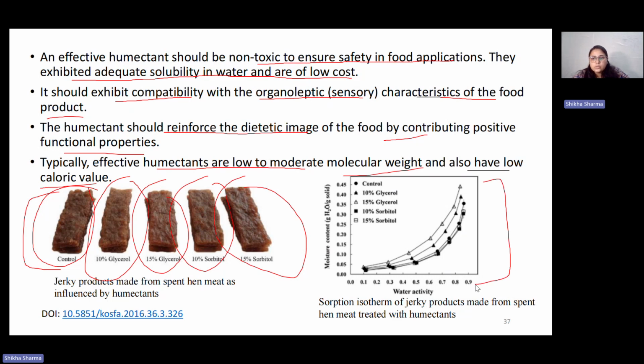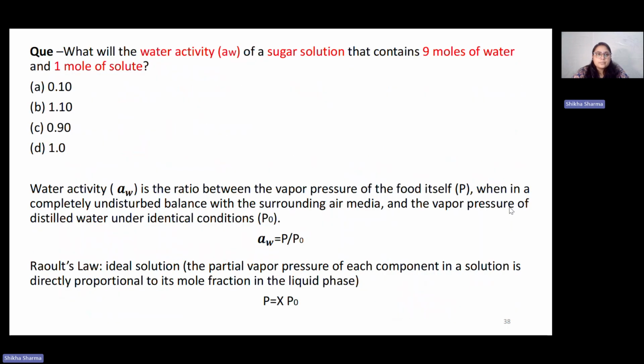This is a sorption isotherm of jerky products made from spent hen meat treated with humectants like glycerol or sorbitol. This is the control, this is 10% glycerol, and this is 15% glycerol. When we add glycerol, moisture retention is greater at 15% glycerol, so moisture retention is higher in the jerky. This is how the humectant acts.